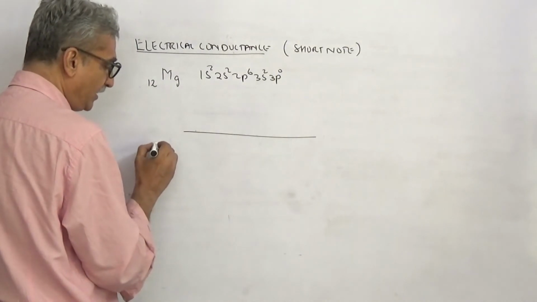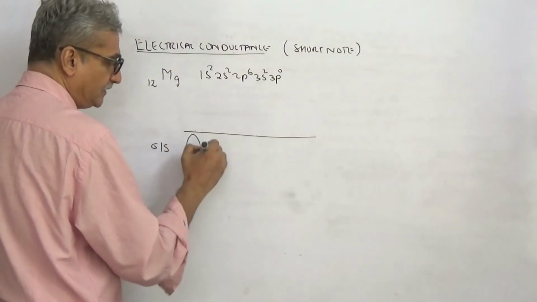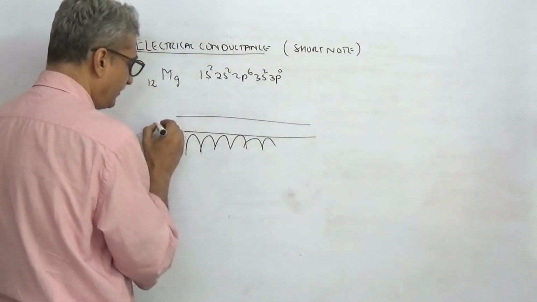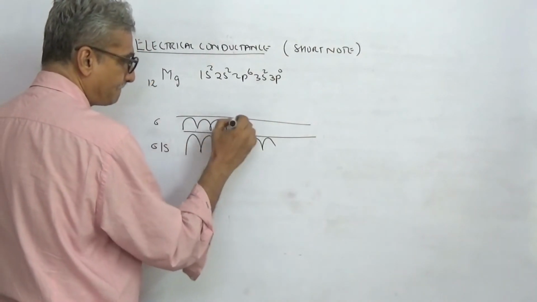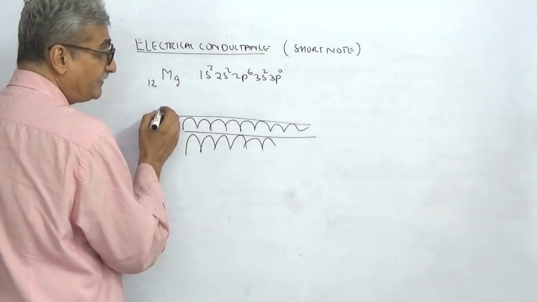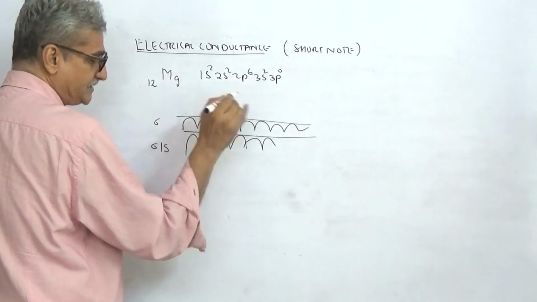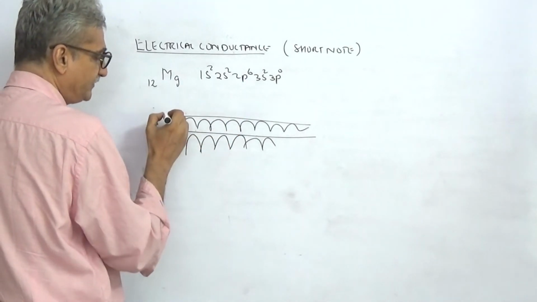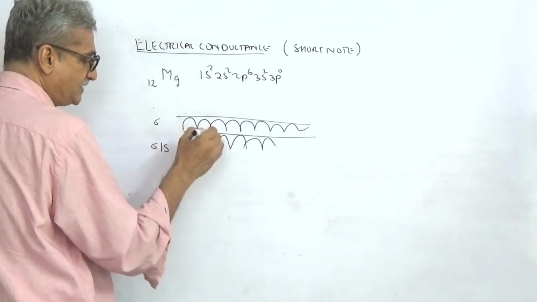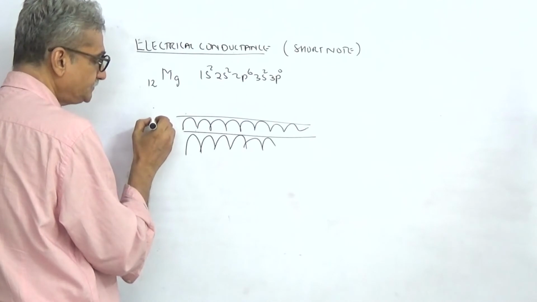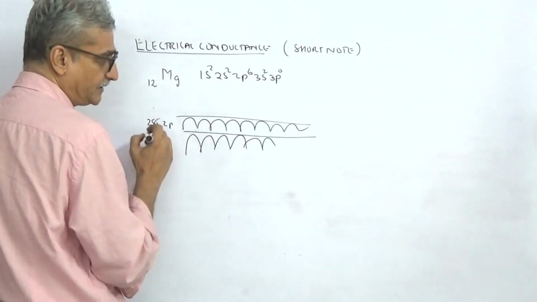Sigma 1s molecular orbital, sigma 1s. Then this will be sigma 2s molecular orbital. Then we have 2p sigma and pi, both orbitals. And then I am putting all this 2s and 2p here only, 2s sigma, 2p and all that over here.